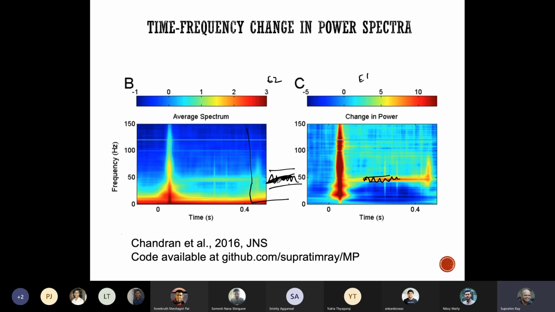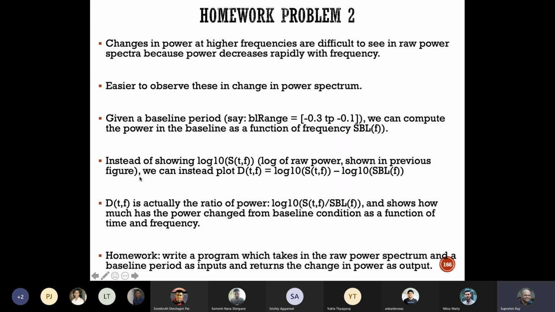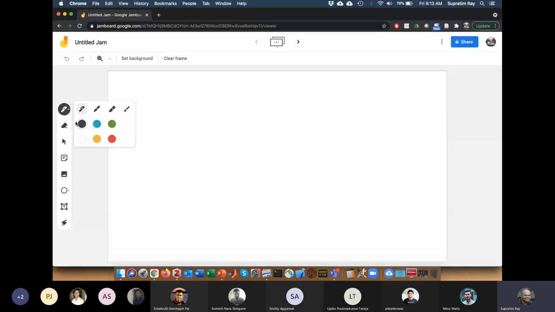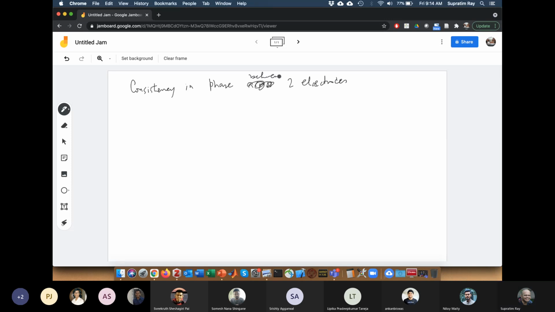So I'll tell you the strategy that is often used. Let me zoom out from here and get to the Jamboard. Suppose I am interested in the consistency in phase across two electrodes, across trials.